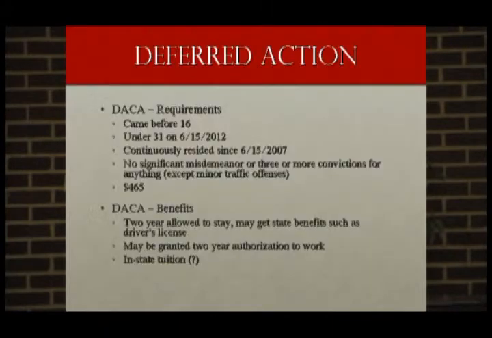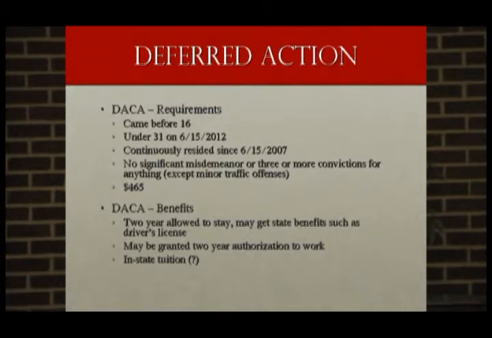If you look up here, you can see what the requirements are and what the benefits are. You have to have come before you were 16. You have to have been under the age of 31 on June 15th, 2012. That was the date, a couple of weeks before it was announced. And they have to have continuously resided since June 15th, 2007. So they have to have been here for at least 5 years as of last year, 6 years now.